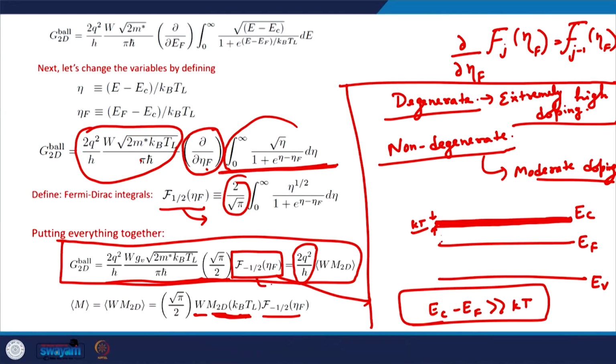So that is why, in the case of non-degenerate semiconductors, in these Fermi-Dirac integrals we can take eta_F to be quite less than 0, or the number of modes can be evaluated only for certain kT values of energy.